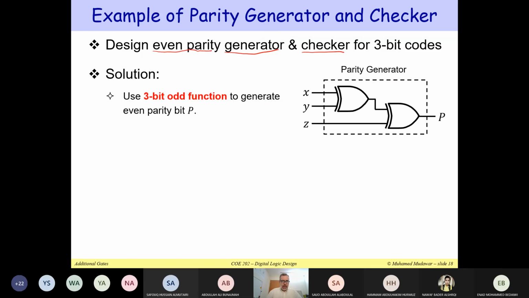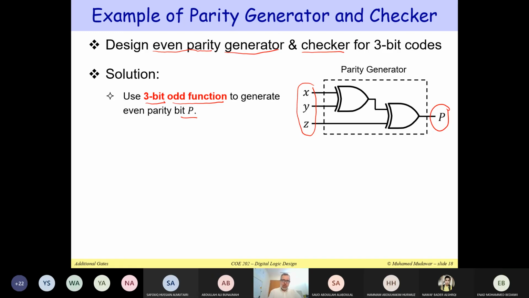So therefore, the solution would be very simple. We use a 3-bit odd function because we have only 3 bits. Here the sender is going to send 3 bits, X, Y, and Z. These are my 3 bits. And it is going to use an odd function to generate this parity bit. The parity bit is called P, and we are going to use even parity.